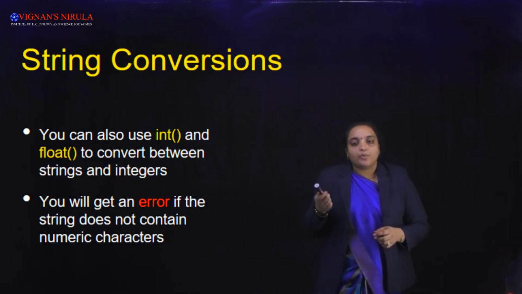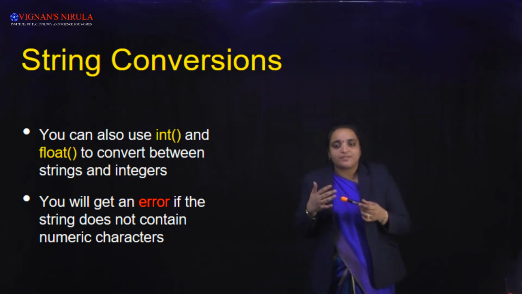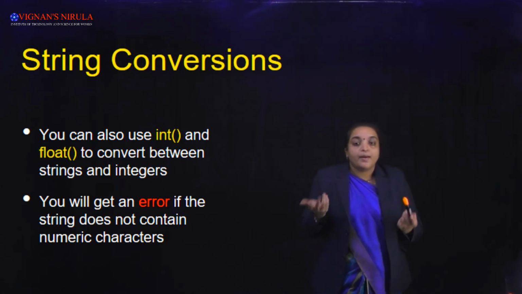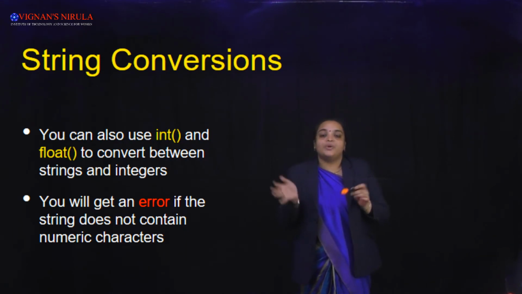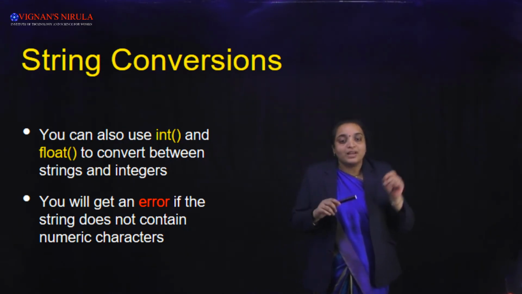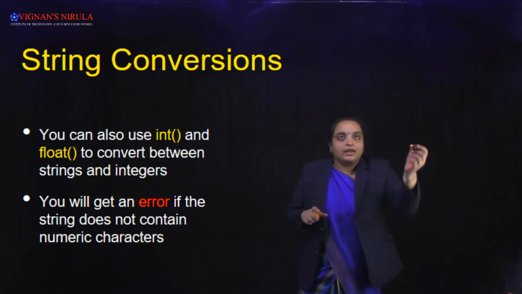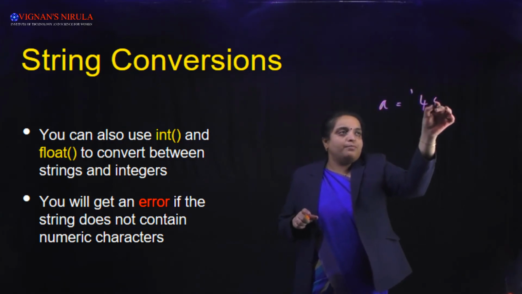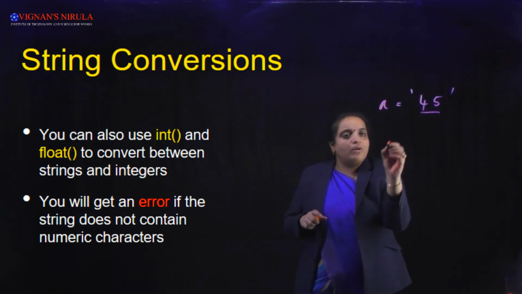Next, talking about string conversions. We can convert an integer value or a float value to a string and to integers. But it is not possible to convert a string data to a number if it is not numeric. If you have numbers in the string data, then it is easily converted. Like if you have a is equal to 45, you can convert this to an integer value.